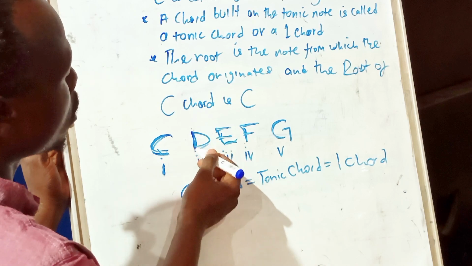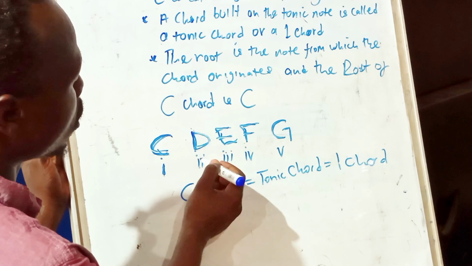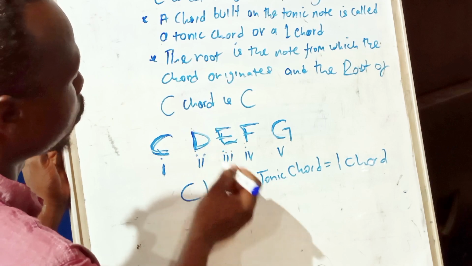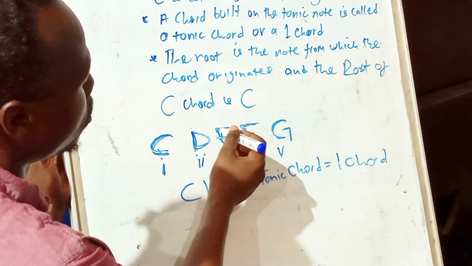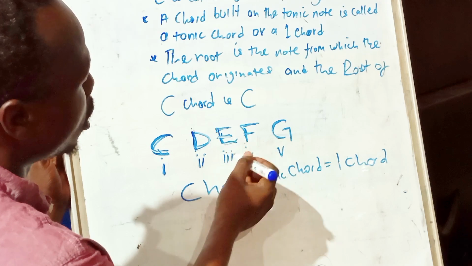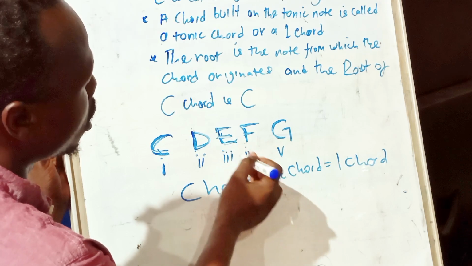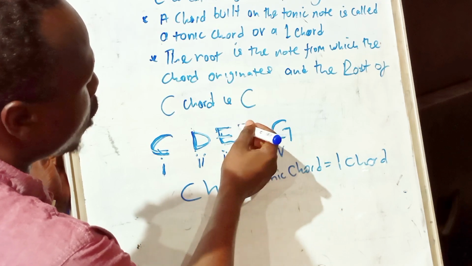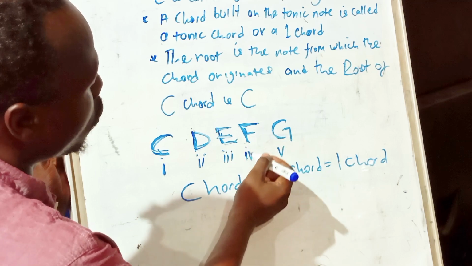Then the second position is Roman numeral 2. The third place will be our E, Roman numeral 3. Then the fourth place will be F, Roman numeral 4.